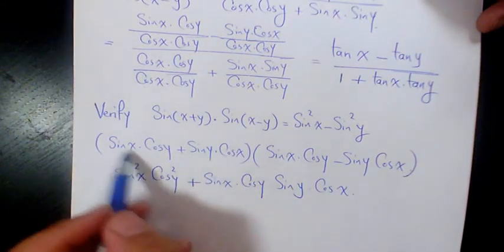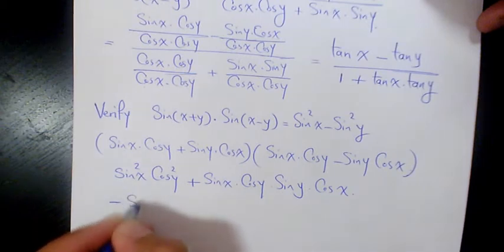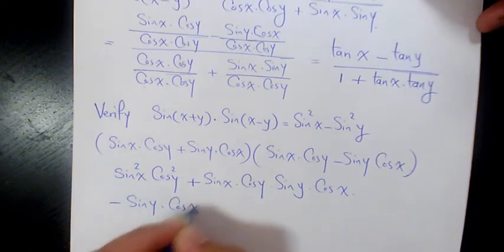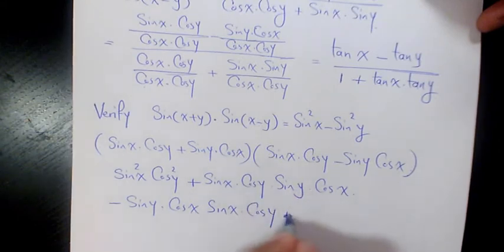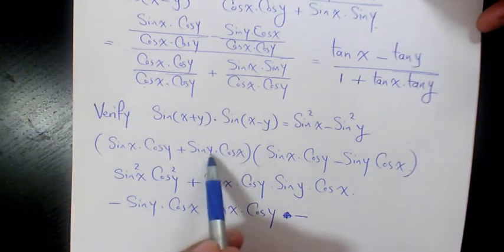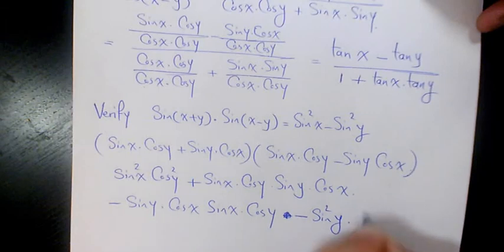Then multiply this by this, which will be negative sine y cosine x sine x cosine y, or basically minus sine y cosine x times this one, which is going to be sine squared y cosine squared x.